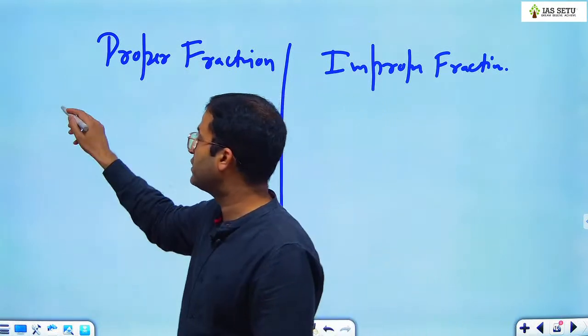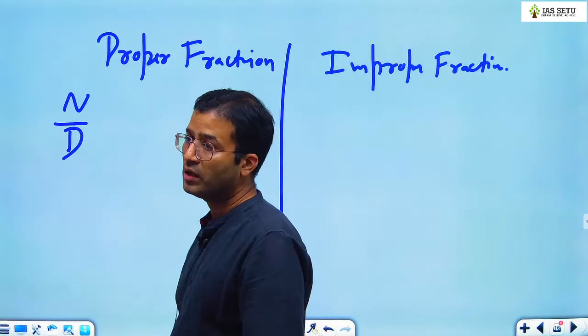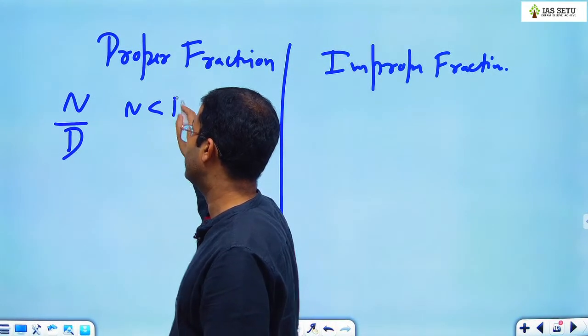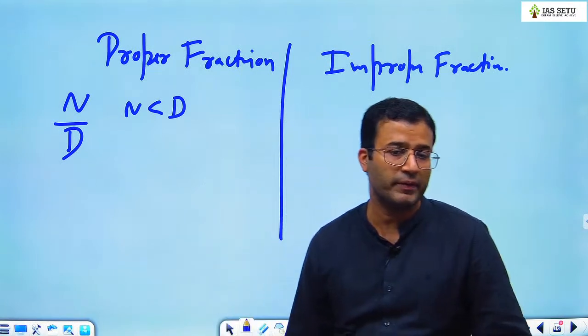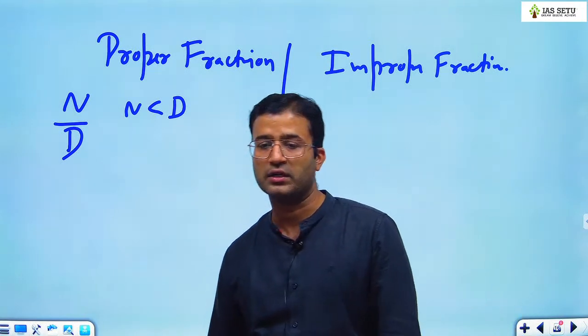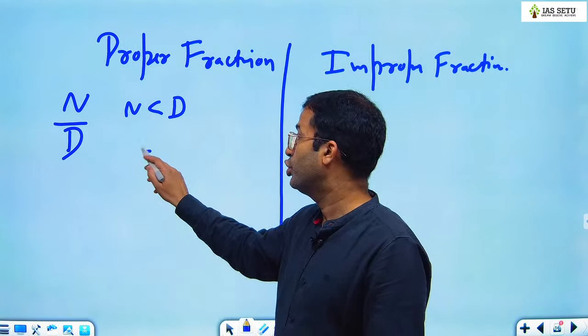Here fractions are in the form of n by d, where the numerator is lesser than the denominator. जहां पे न्यूमरेटर डिनोमिनेटर से छोटा होता है, these are proper fractions.